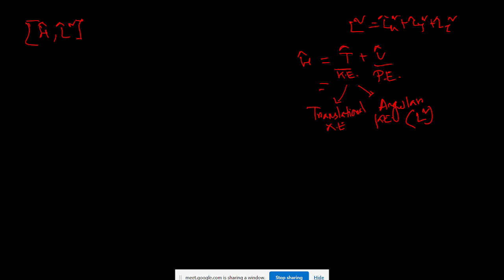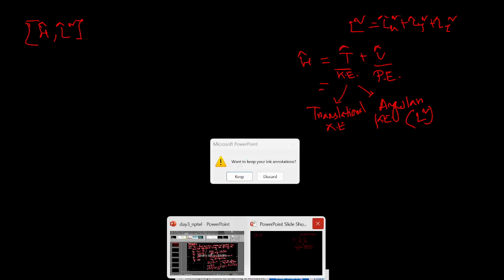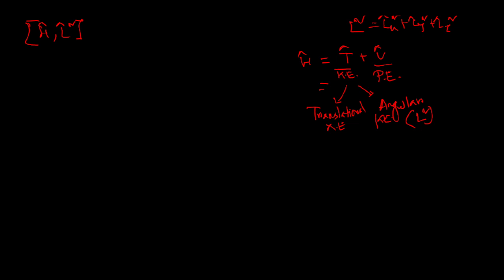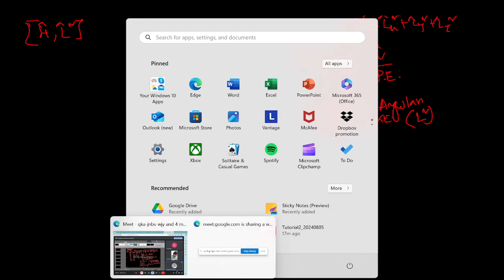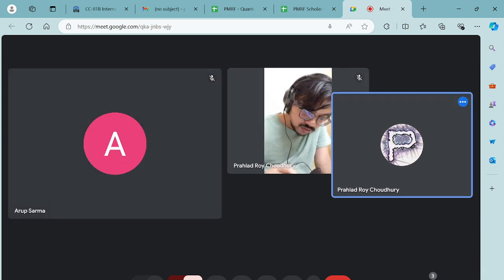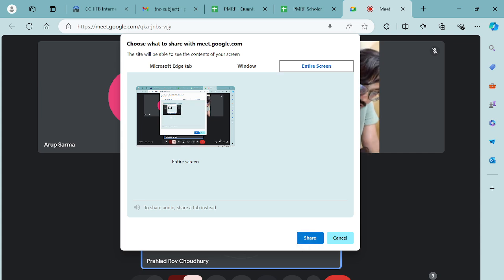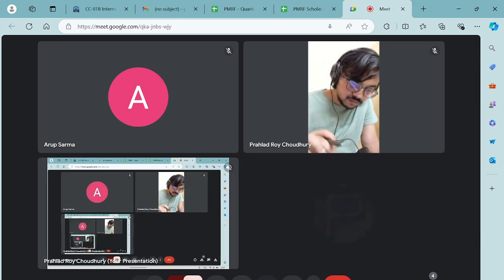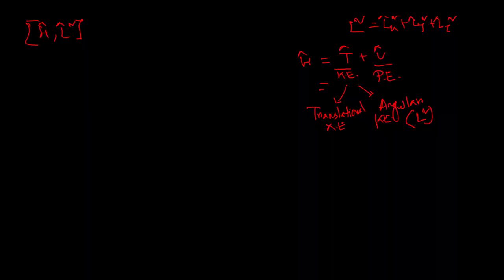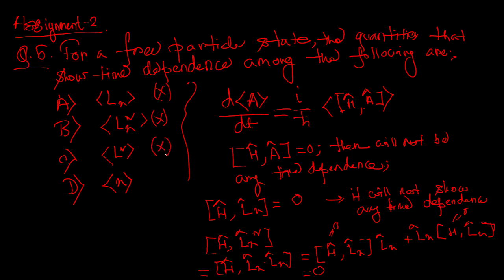This angular part is nothing but L square. So H already has L square in its term, therefore this L square H term will also be 0. That means this is also time independent.